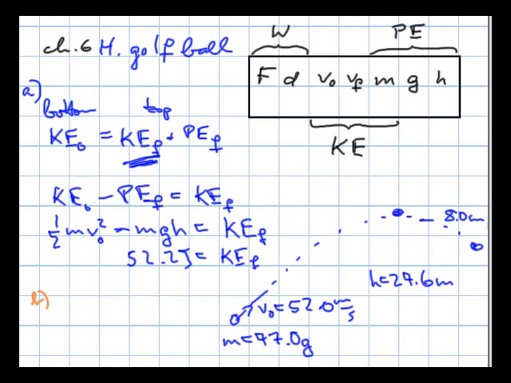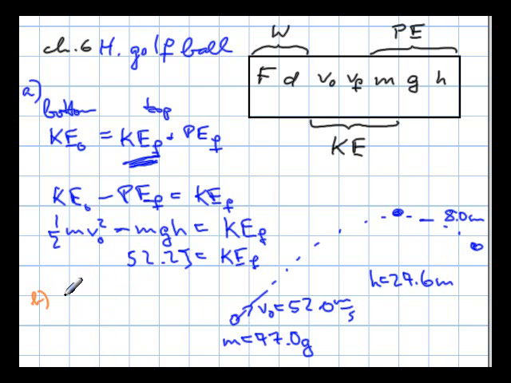So in part B I have to figure out what it is 8 meters below the peak. So what I have to figure out there is that I have a certain kinetic energy from which I have to figure out what the velocity is.